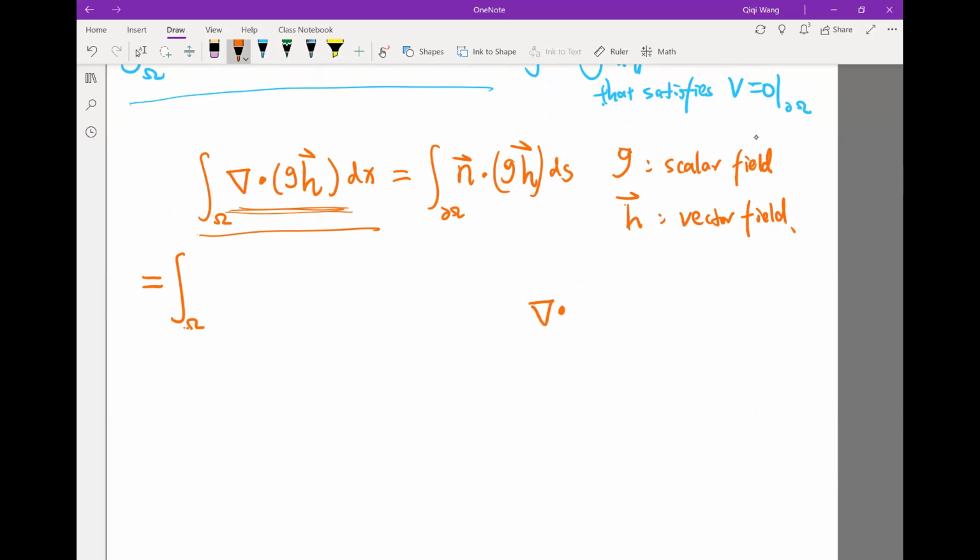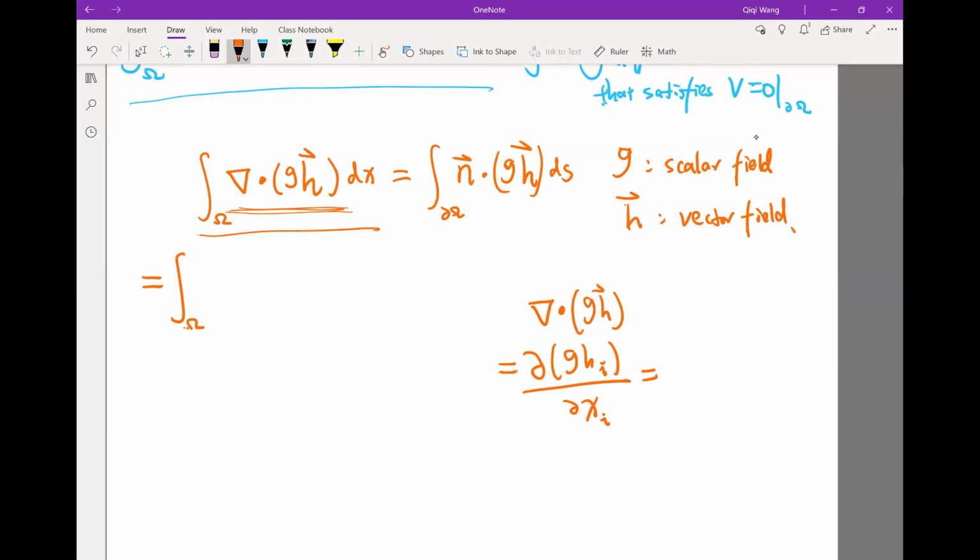So the divergence of GH can be written as partial over partial xi of g times hi, where if I have a repeated index, it means I'm summing over i equal to 1, i equal to 2, i equal to 3, if there are 3 dimensions.